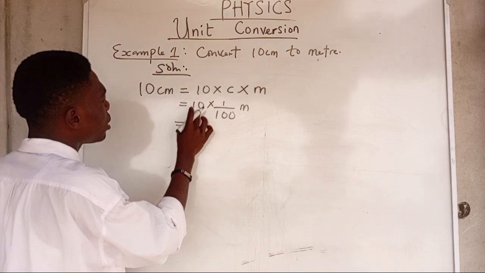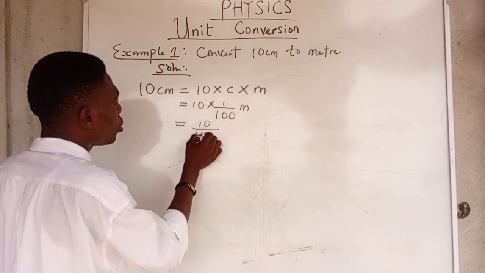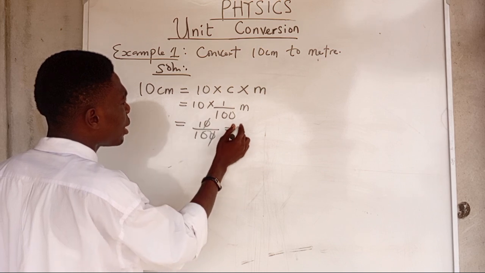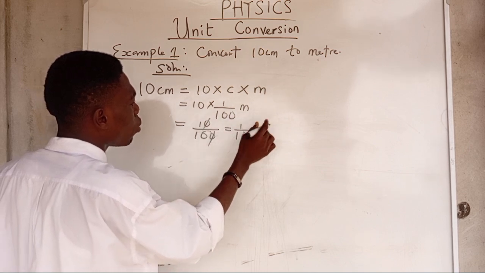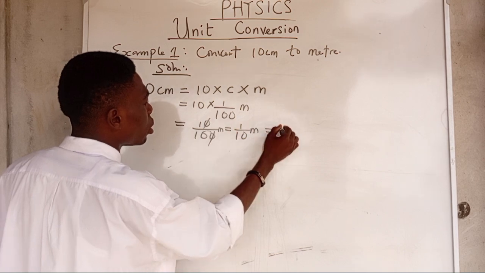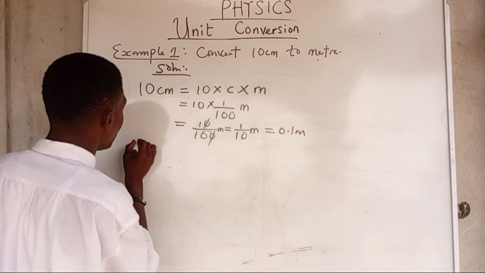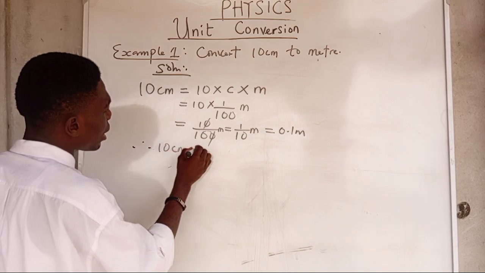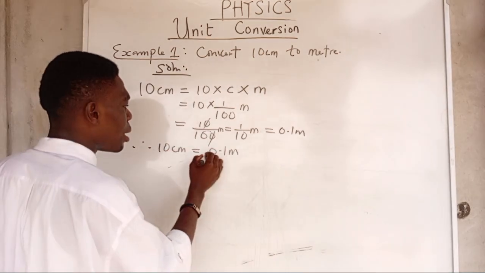So I have 10 times 1 is 10 over 100. So 0 will cancel out 0, and then we'll have 1 over 10. Let me put the meter alongside. That will give us 0.1 meter. So it means that 10 centimeter is equal to 0.1 meter.